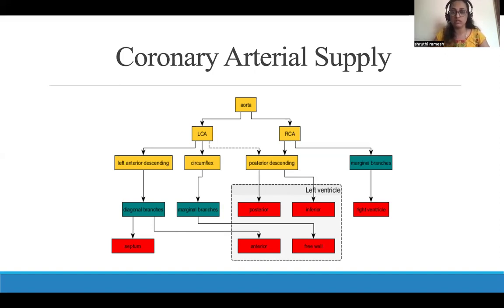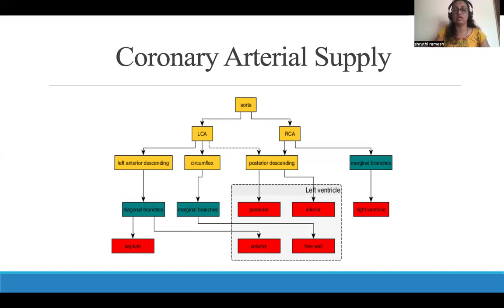The right coronary artery supplies the right ventricle through the marginal branches. And in 85% of people, it gives rise to the posterior descending artery, which supplies the posterior and the inferior wall of the left ventricle. In around 15% of individuals, the posterior descending artery arises from the left coronary artery.